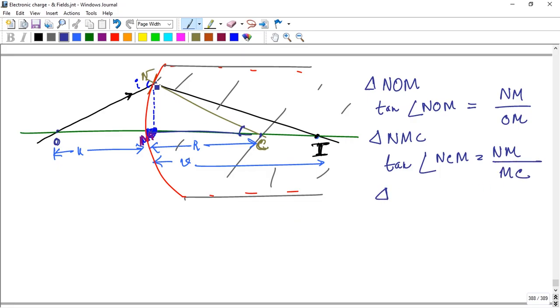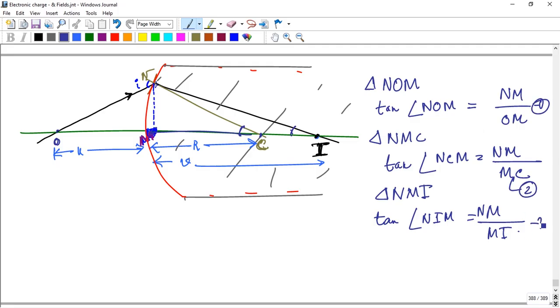Now the other triangle NMI: tan of angle NIM is perpendicular NM by base MI. Okay, so you get 3 equations: 1, 2, and 3. Now see that this is i, the incident angle, and this is r, the refracted angle.